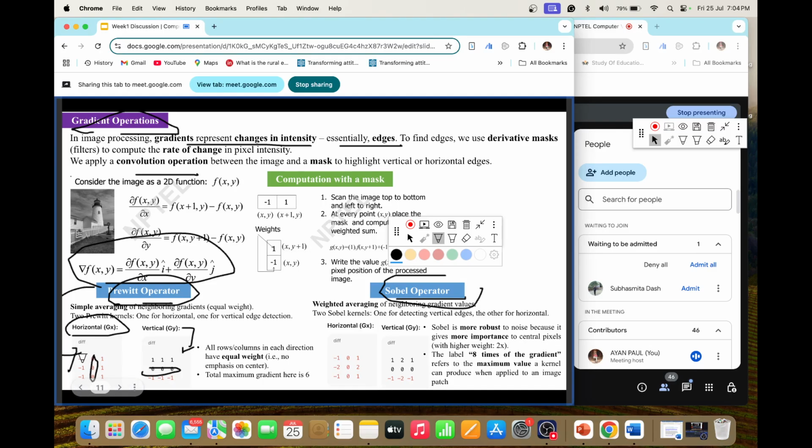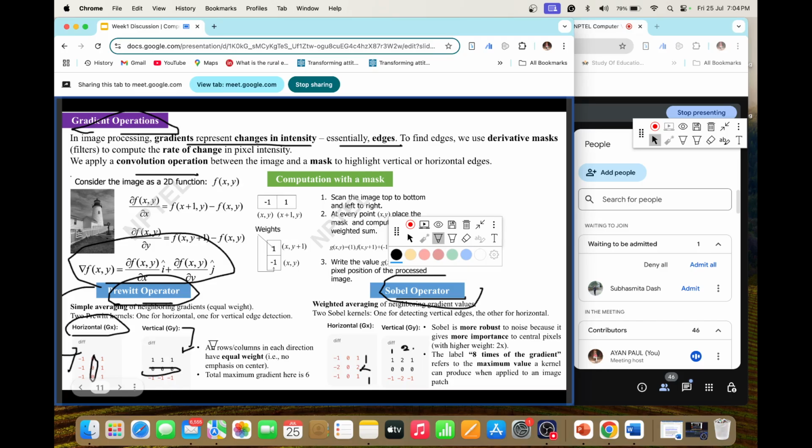Here all have equal weight, that is 1 1 1. But here you can see the difference in weight. This row has 1 weight, this row has 2 weight, and this row again has 1 weight. Similarly, this column has 1 weight, this column has 2 weight, and this column has 1 weight.